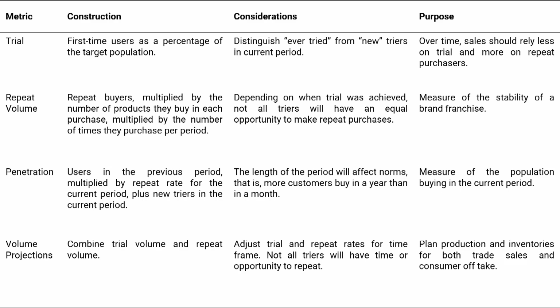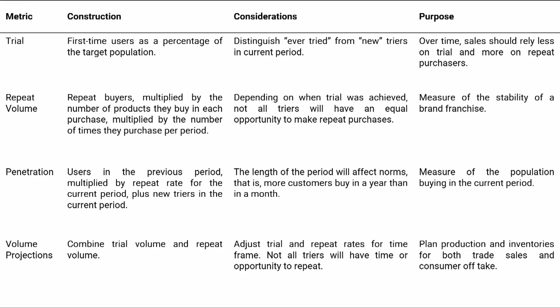Then the second metric is repeat volume. Basically, it refers to the repeat buyers multiplied by the number of products they buy in each transaction multiplied by the number of times the transaction happens in the given period of time.